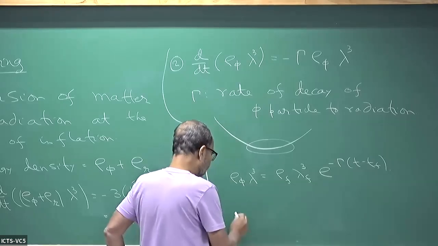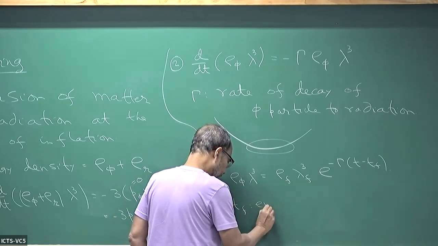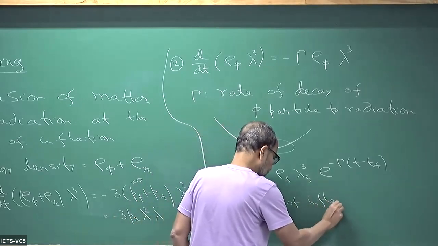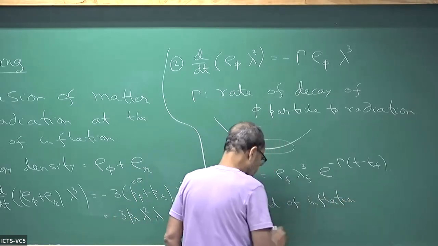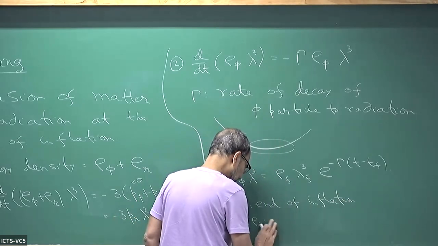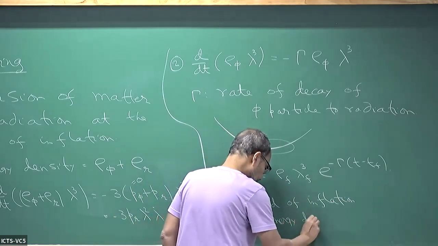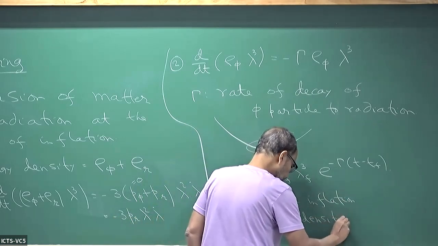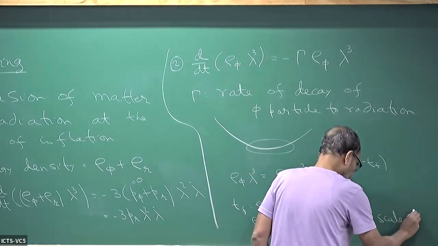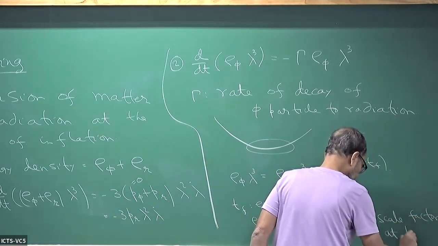So Tf is the end of inflation, and rho f is the energy density, lambda f is the scale factor at the end of inflation.